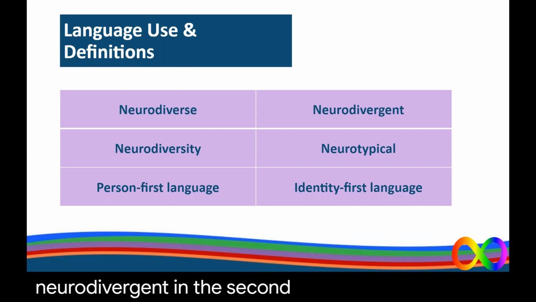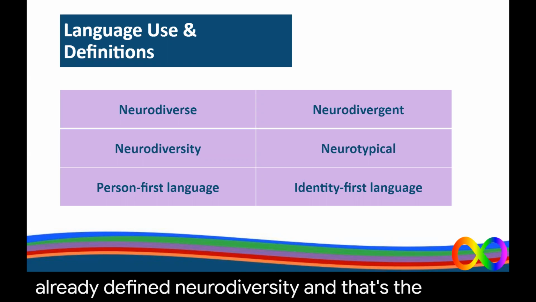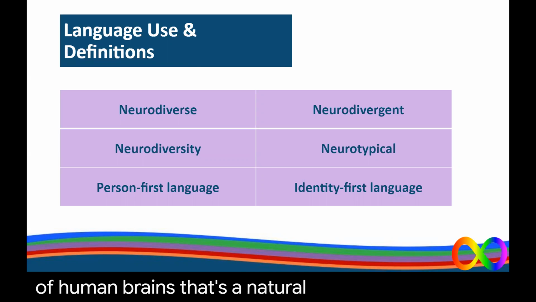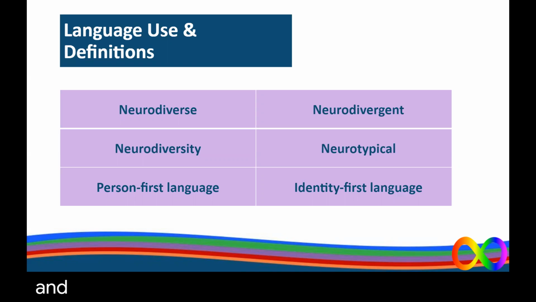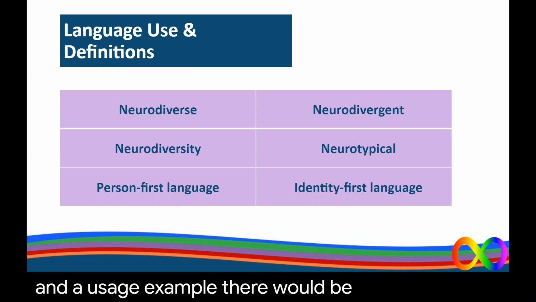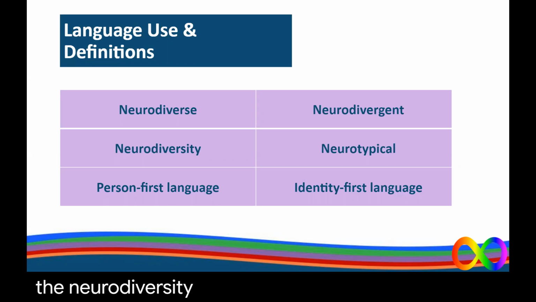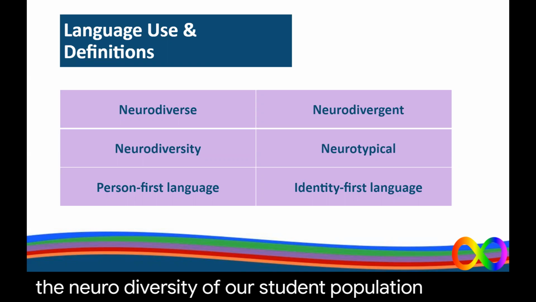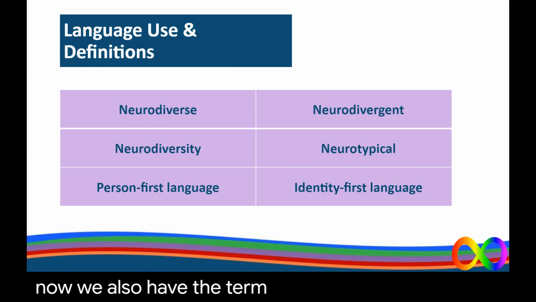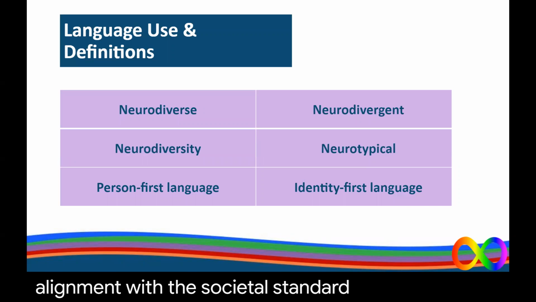In the second row, of course, we've already defined neurodiversity, and that's the diversity of human brains. That's a natural variation and a fact. And a usage example there would be, we recognize the neurodiversity of our student population. And now we also have the term neurotypical. Neurotypical refers to a person with a brain that functions in alignment with the societal standard, the opposite of neurodivergent.